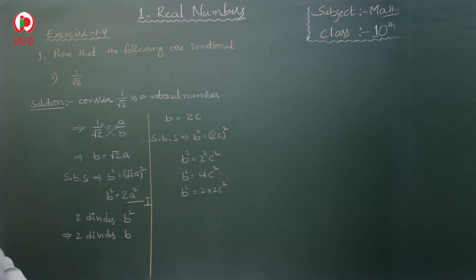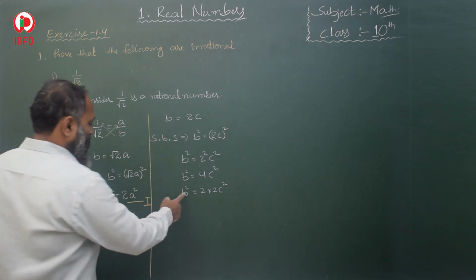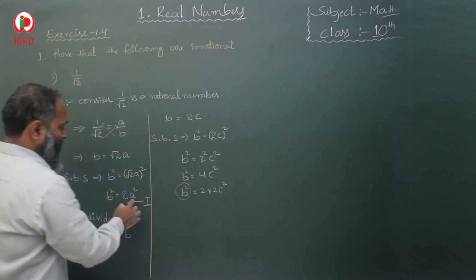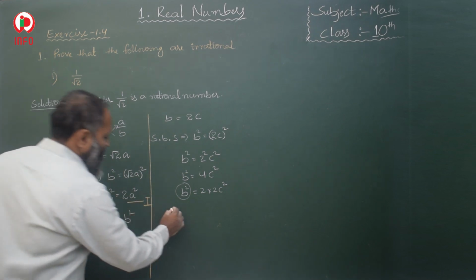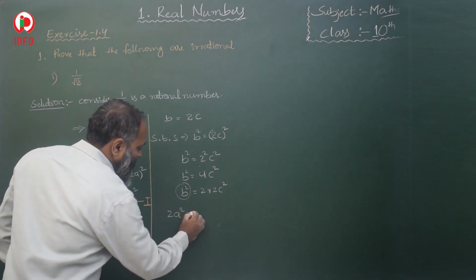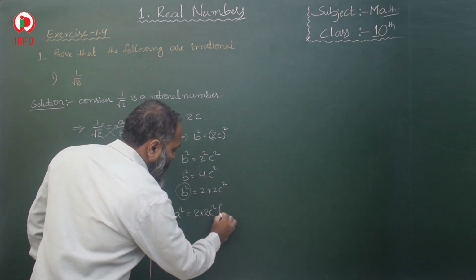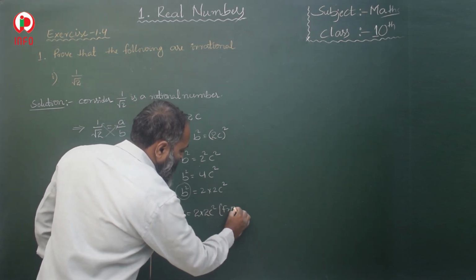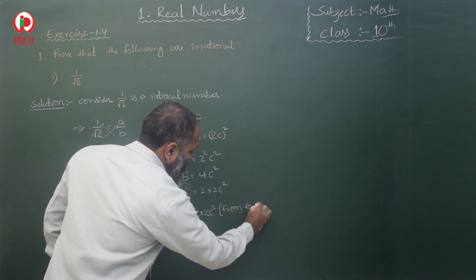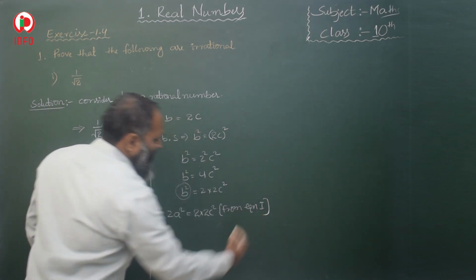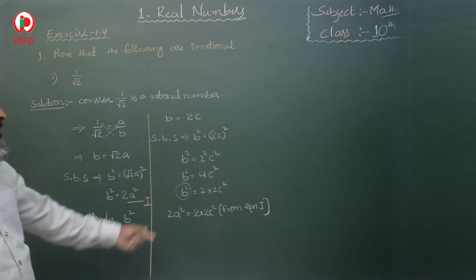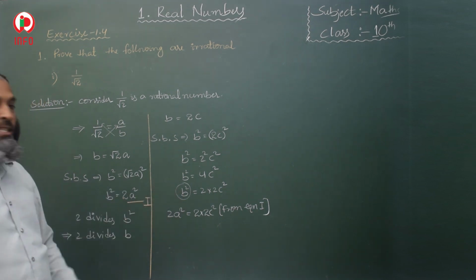According to the first equation, instead of b square we take 2a square, so 2a square is equal to 2 into 2c square.